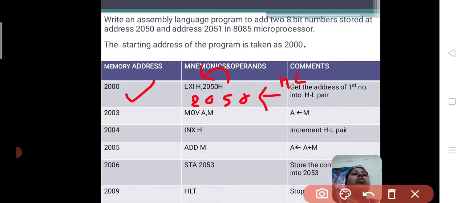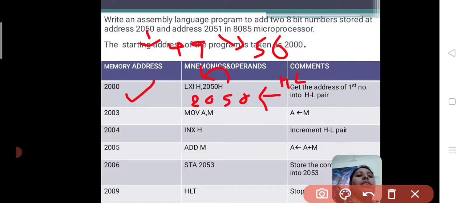In 2050 I will give the input 49 and in 2051 I will give the data 56. For this data only the addition is performed. So 2050 is first loaded into the HL pair.